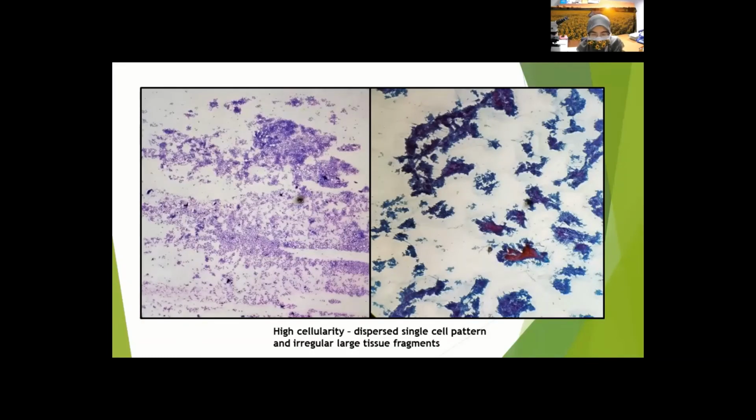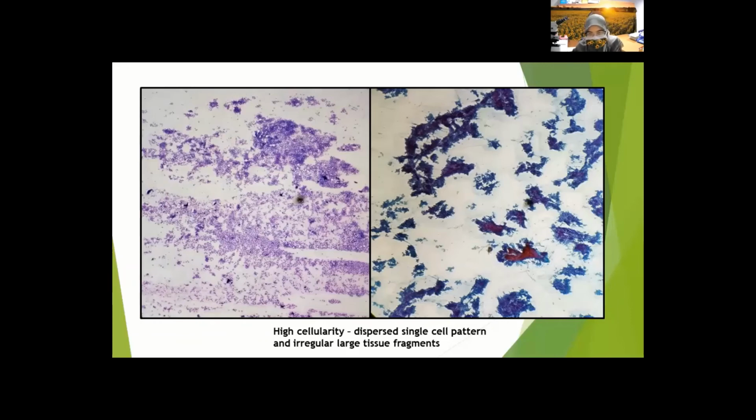Okay, this is under low power view. You can see, based on the approach just now, we see the cellularity. This is very high cellularity. Based on the architectural tissue pattern, you can see quite many irregular large tissue fragments, and we can also see a single dispersed cell pattern in the background.